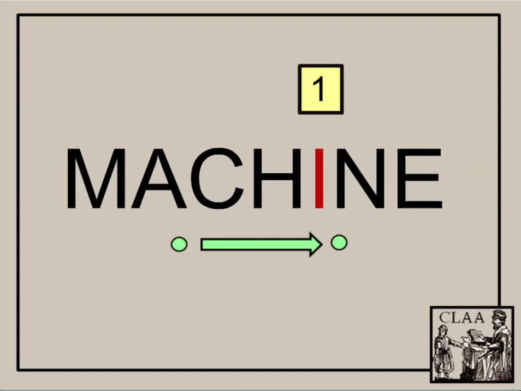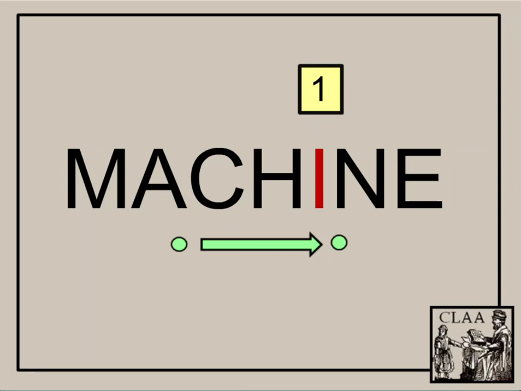We learned earlier in this lesson that the letter I, when followed by a silent E, makes the sound I. If we followed that rule, this word would be read as machine, machine.